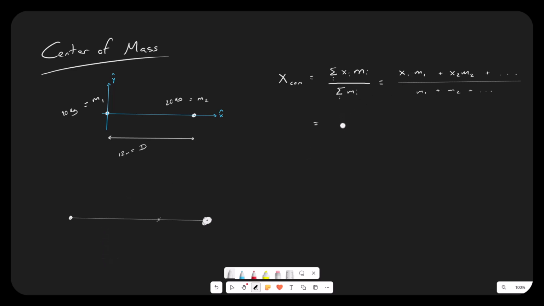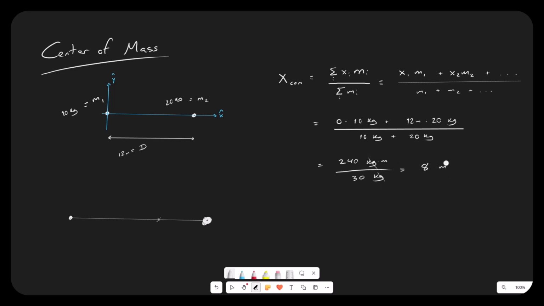So I'm going to say x1 times m1, so 0 times 10 kilograms plus x2, which is 12 meters, times 20 kilograms, divided by m1 plus m2. 0 times 10, that's 0. 12 times 20 is 240. 240 divided by 30, so 240 kilogram meters divided by 30 kilograms is the same as 24 divided by 3, that is 8.